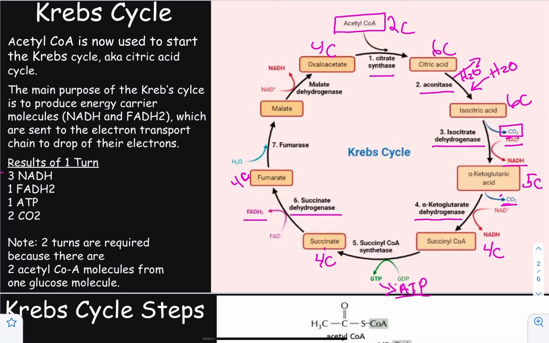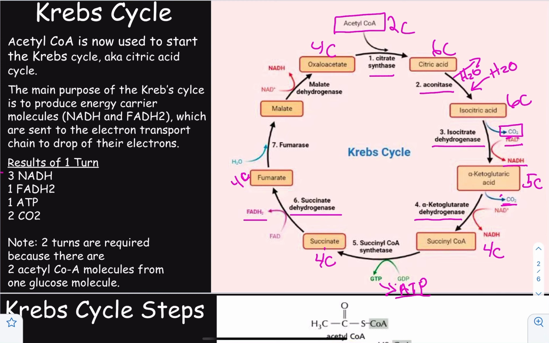Now this is not an isomerization reaction, because malate has more atoms. Different from step 2, where water left and came back in and you still had the same number of atoms, here malate is a larger molecule than fumarate.